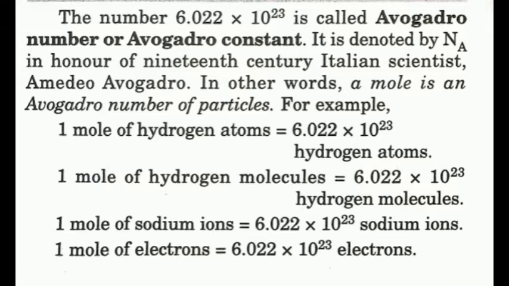For example, 1 mole of hydrogen atoms is equal to 6.022 × 10^23 hydrogen atoms. 1 mole of hydrogen molecules is equal to 6.022 × 10^23 hydrogen molecules. 1 mole of sodium ions is equal to 6.022 × 10^23 sodium ions, and 1 mole of electrons is equal to 6.022 × 10^23 electrons.